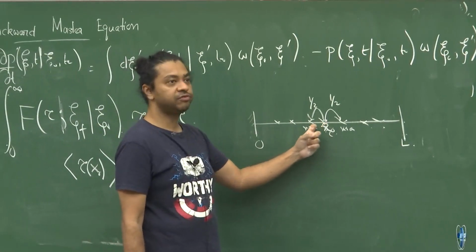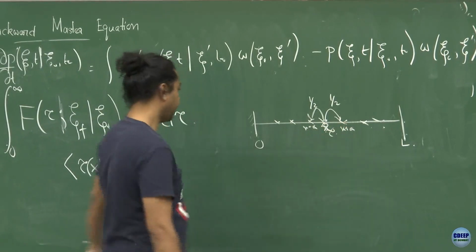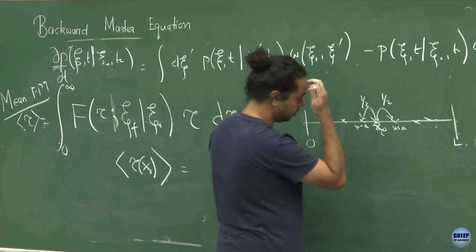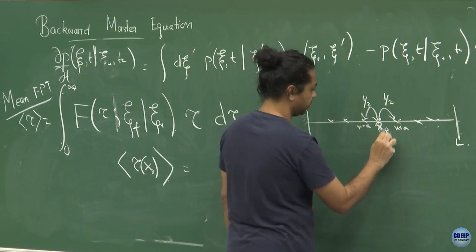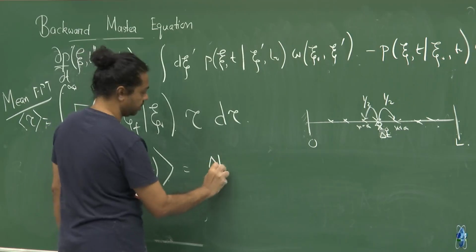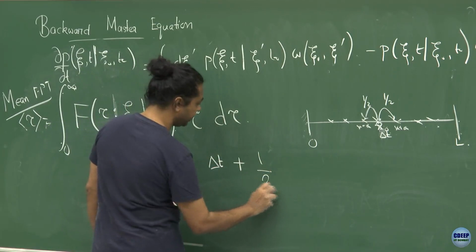I can either go to the left or I can go to the right, each with a probability half, and this step takes some time. I've called everything tau. Let me call it delta t.